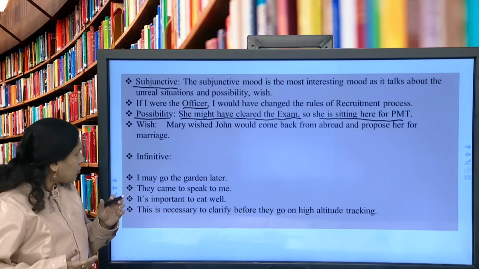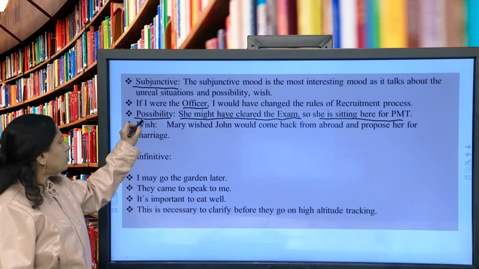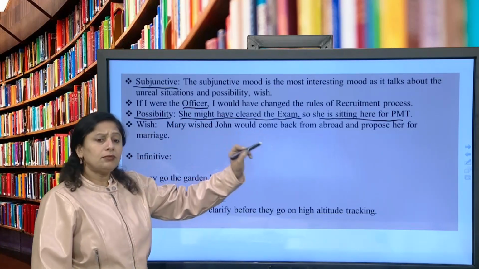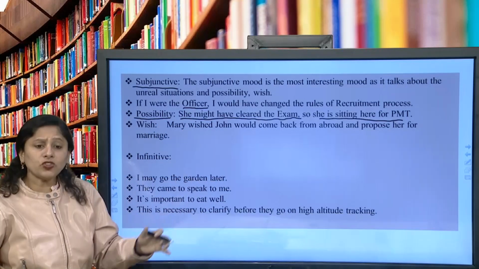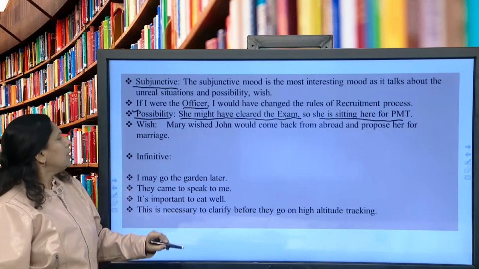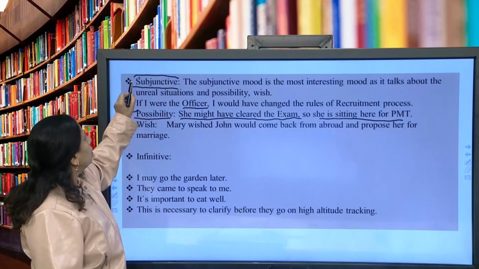No. If she has already become, then there won't be any question of possibility. So possibility shows things which are not yet done, but which are under process, and that's why they show the possibility. The mood is of the possibility, that is subjunctive mood.